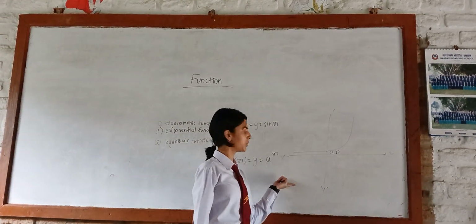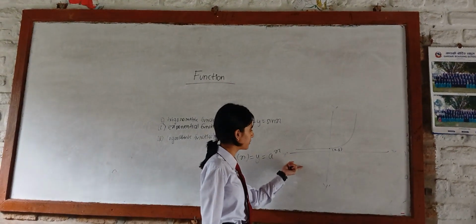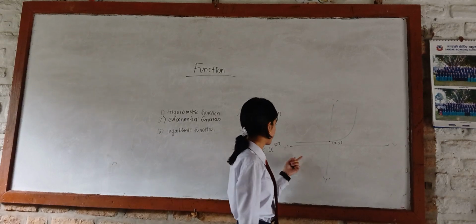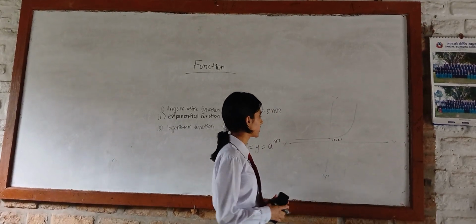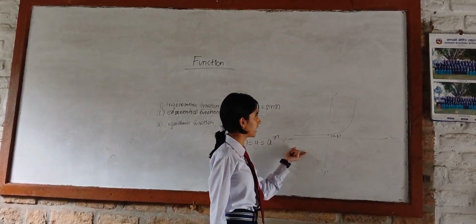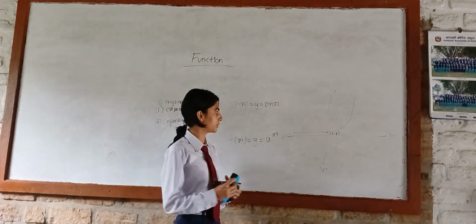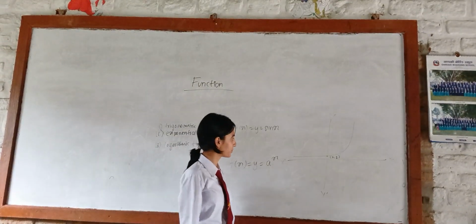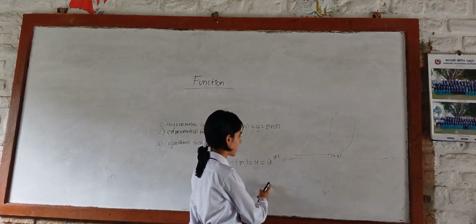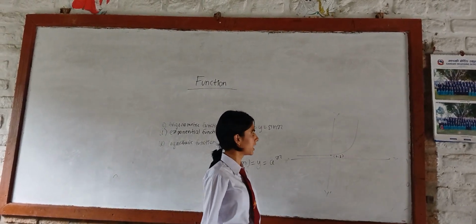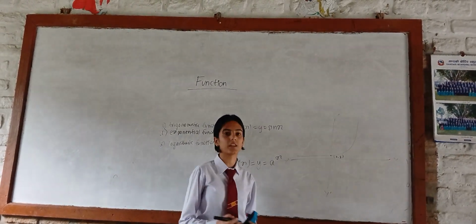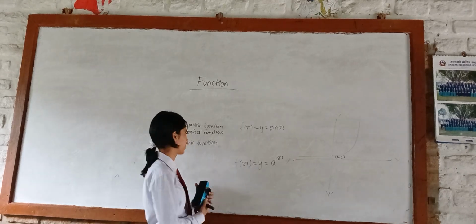From this graph, we can see that the graph never intersects the x-axis. Thus, it always gives a positive value of y. So the range is always positive real numbers, whereas it extends from the negative x-axis all the way to the positive x-axis. So the domain includes all the real numbers.